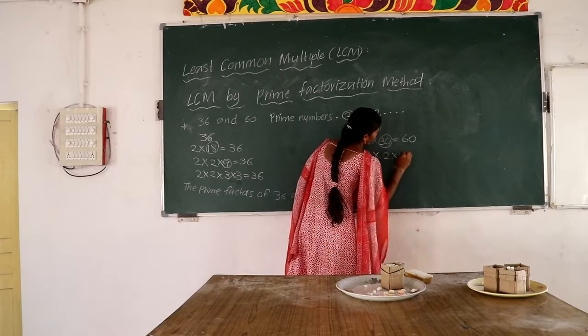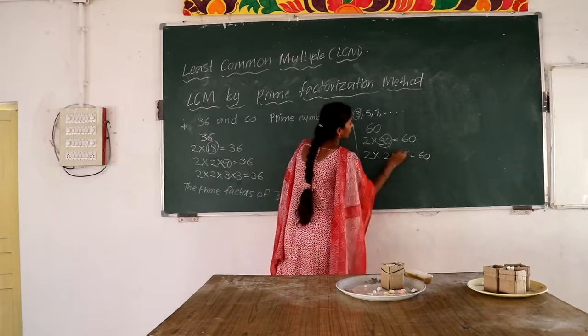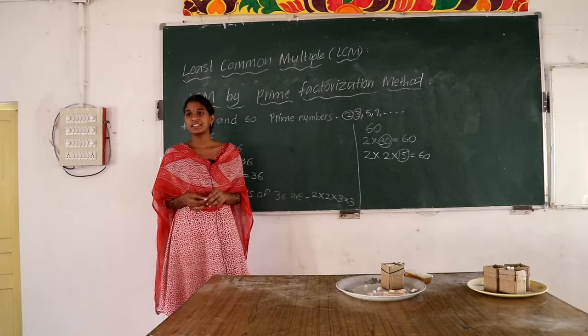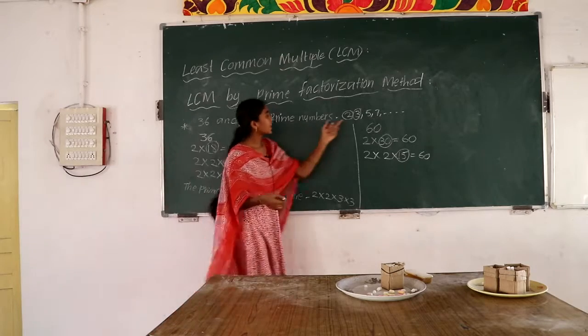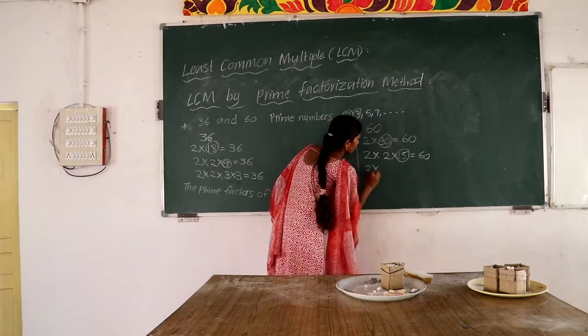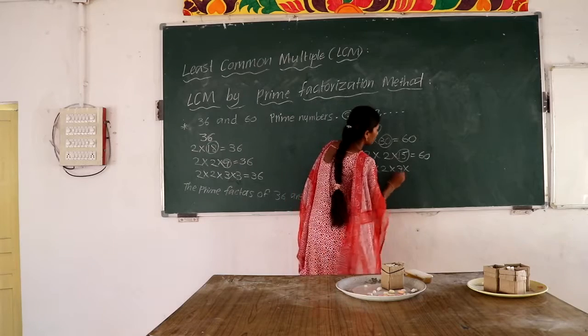Is 2 a factor of 15 or not? No. So we take the next prime number 3. 3 into how much equals 15? 5.